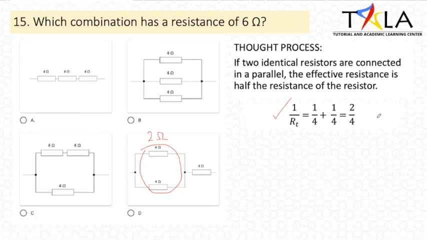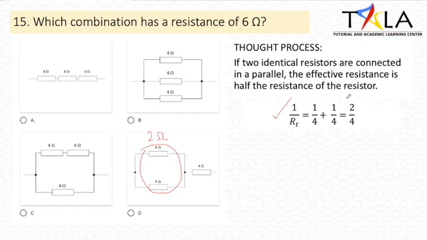If you remember that, yung sum ng reciprocal ng mga resistors. That's how we calculate for the reciprocal of total resistance. Right? So, solving, 1 over RT is equal to 1 over 4 plus 1 over 4, it will give you 2 quarters or 2/4.